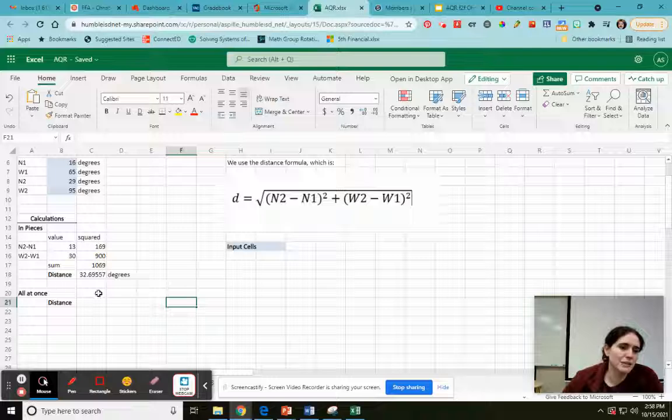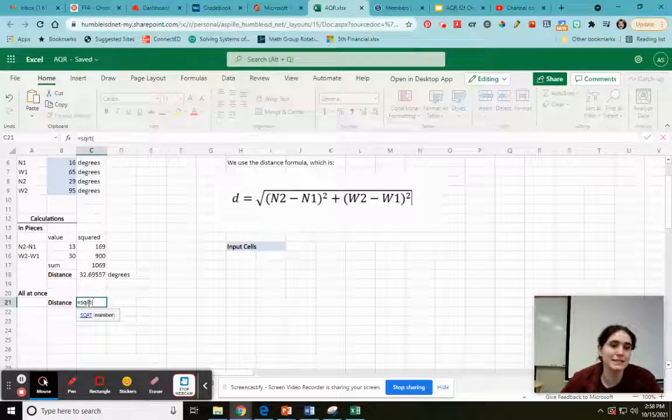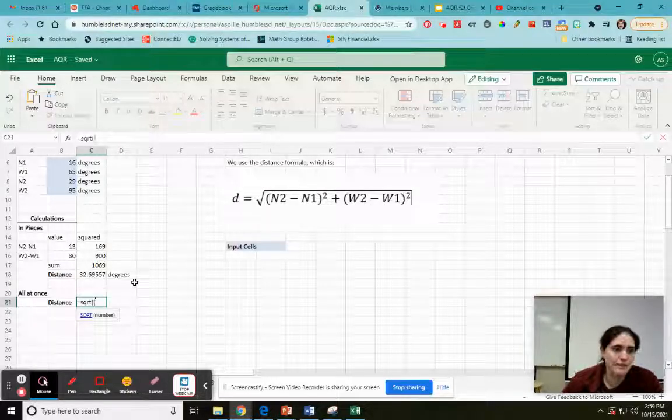Okay, so the other way I can do it is I can do it all at once. I could go equals square root, open parentheses. I'm usually very careful about my parentheses in this one because you want to make sure that everything is squared the right way. So we're square rooting everything that's inside that parentheses. So my next thing is to open another parentheses.